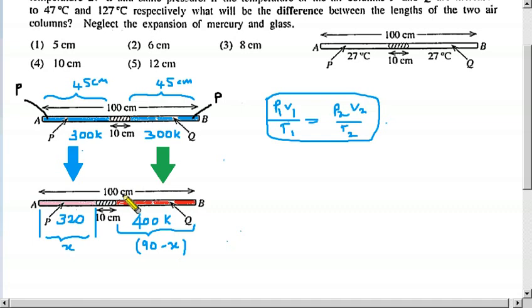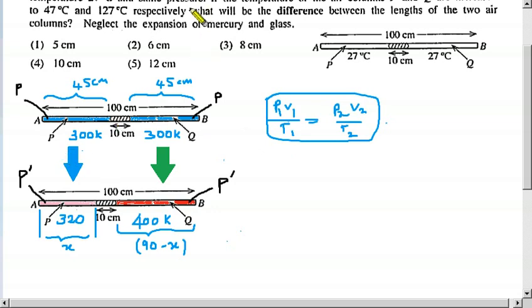But the temperature is increased at both sides, so the pressure is something else. We denote it by P dash, and this side also should be P dash, because the pressures must be equal as the air column is not moving. But P dash is greater than P because this one is heated up.